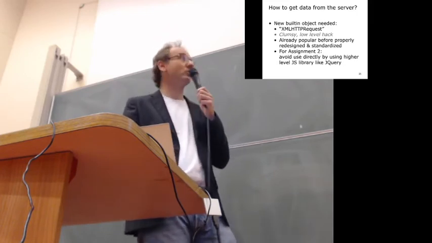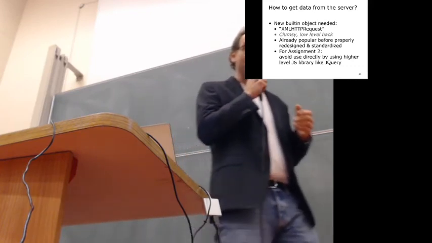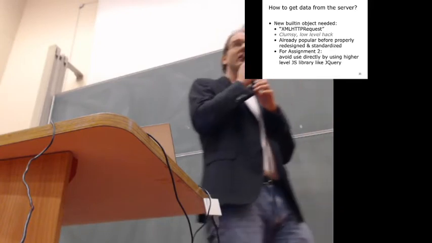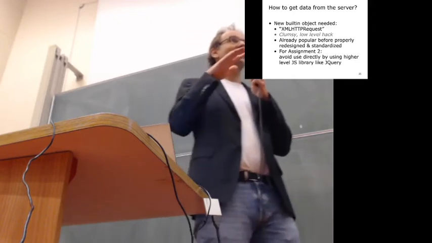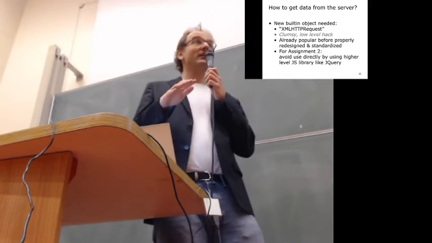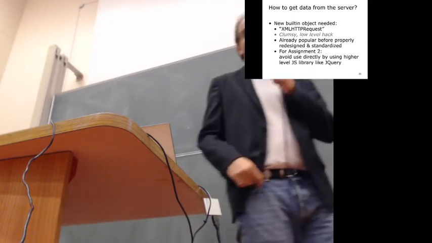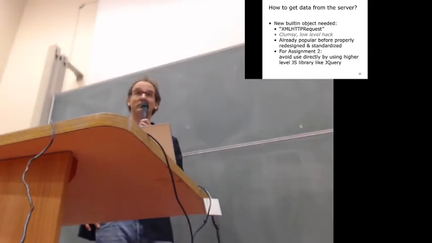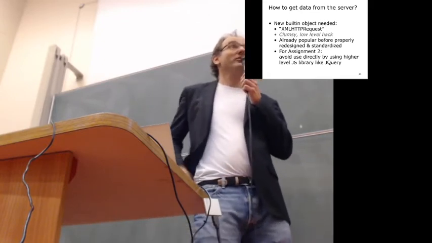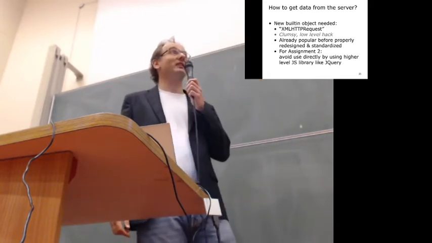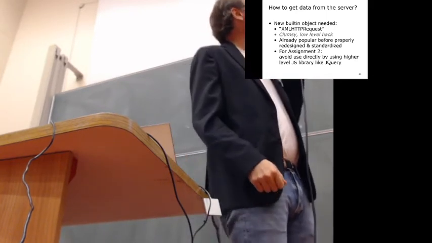Now the question is, of course, how to get this communication going with the server. There is an object introduced in the 90s by Netscape. It was never standardized, but it got very popular very quickly. And the situation is that now we're stuck with it. All the browsers implement this XMLHttpRequest object. All the AJAX calls use this object because it's basically the only thing that has been standardized in practice, not by writing a nice standard, but just by all the browsers implementing it.